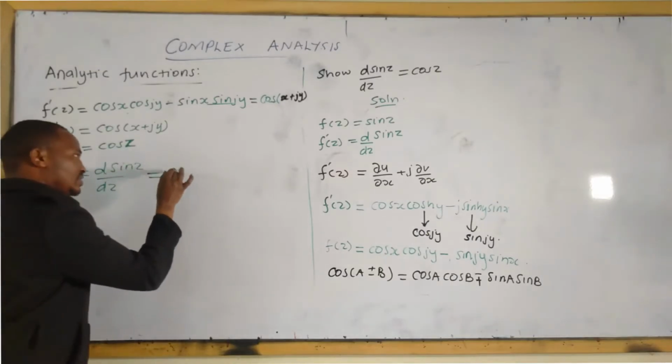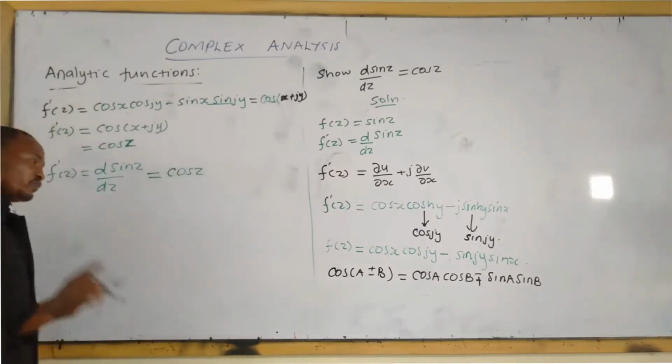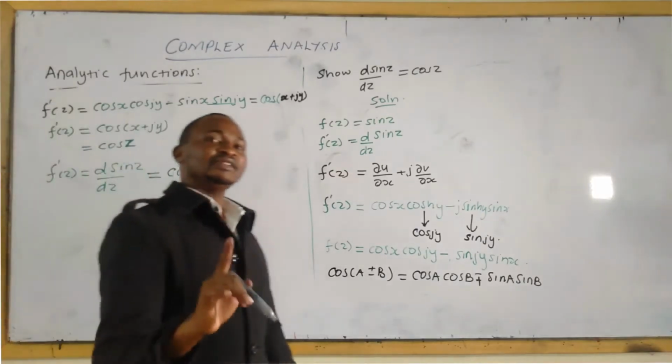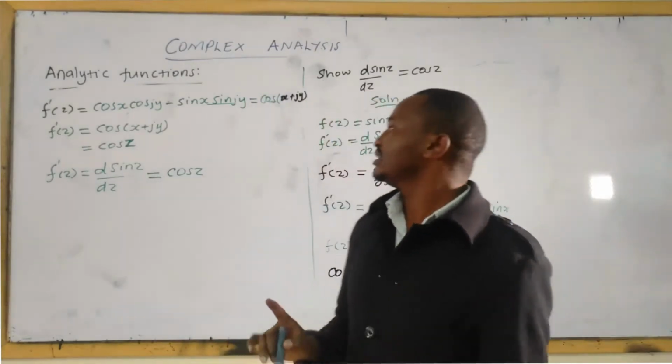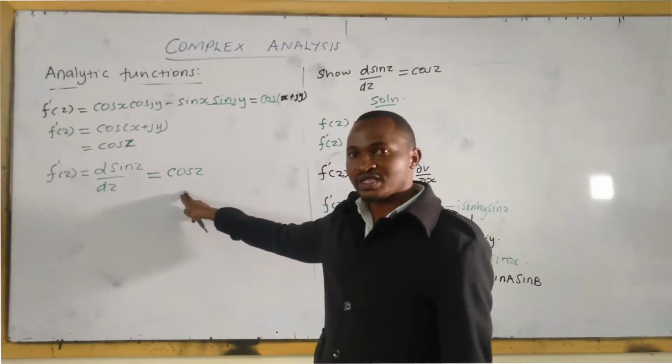So we have proved that the derivative of sin z with respect to z is equal to cosine of z.